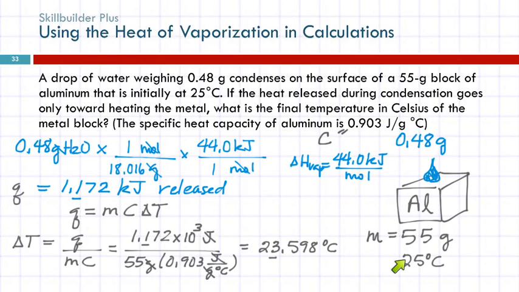It started at 25 and it heated up. This is the change in temperature. So if it started at 25 and it's warming up, then I want to add this to the starting temperature. So I'm going to add 25 to that and end up with 48.598 degrees Celsius, which would round to 49 degrees Celsius.